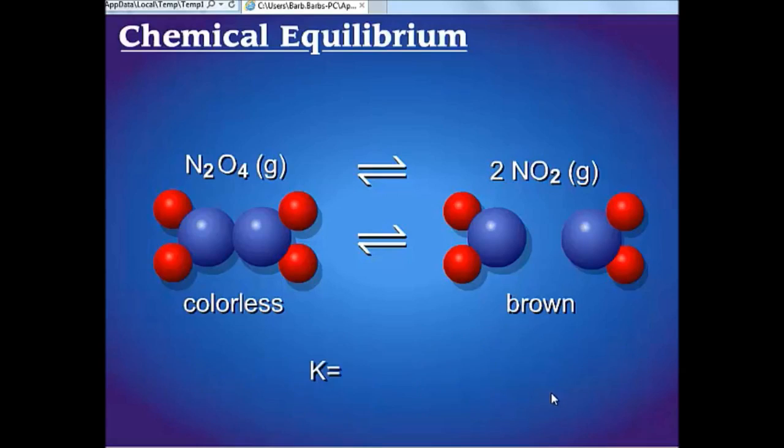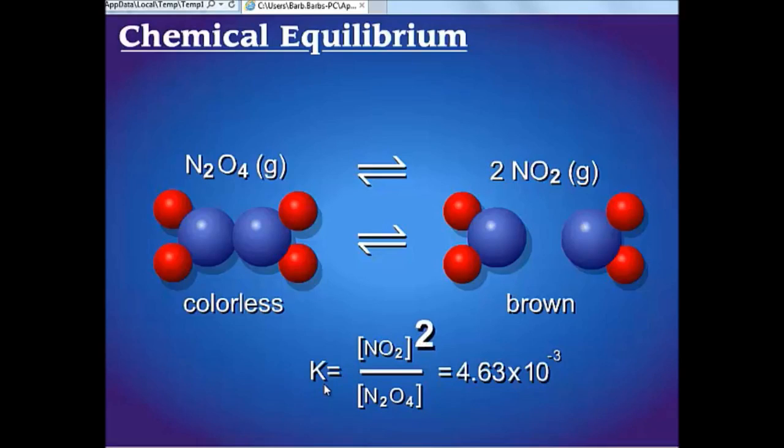K equals the concentration of NO2 squared divided by the concentration of N2O4, which equals 4.63 times 10 to the minus 3, where K is the equilibrium constant for the equilibrium at 25 degrees Celsius.